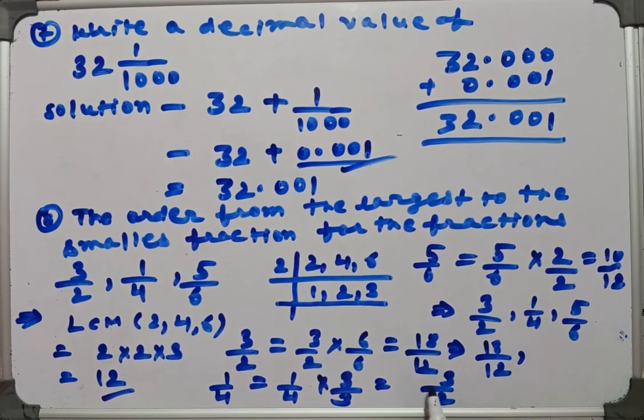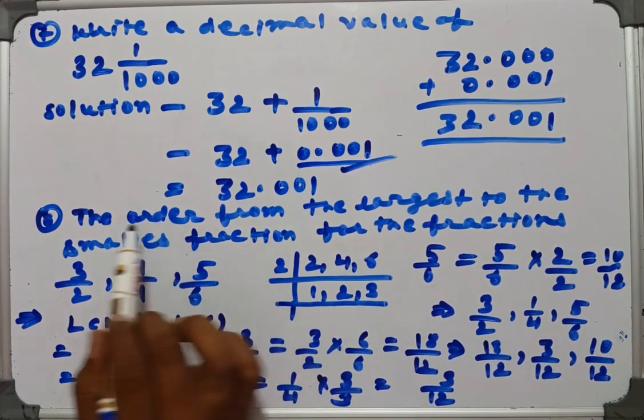Now see, 1 by 4 is 3 by 12, and 5 by 6 equal to 10 by 12. So in like fractions what we will do, we only notice which one is the largest or least number in the numerator.